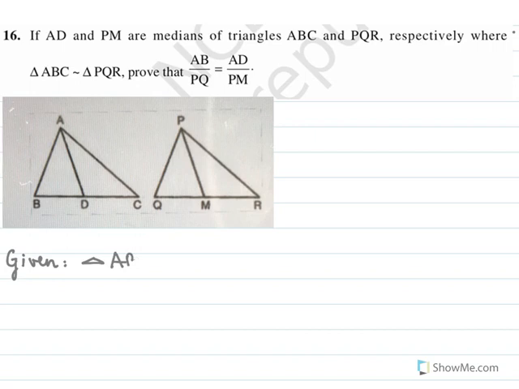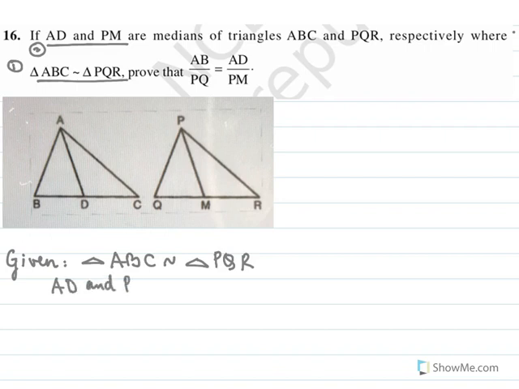So first we are given triangle ABC is similar to triangle PQR. That's one thing that is given to us. And the second thing, that AD and PM are medians. So AD and PM are medians of triangle ABC and triangle PQR.